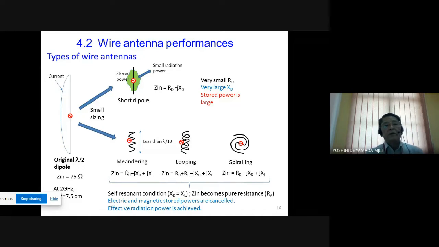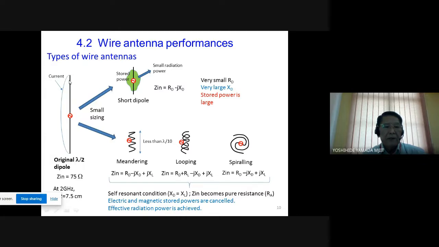First of all, the fundamental knowledge of wire antenna performance. Wire antennas are usually used as small size antennas. The fundamental antenna is the half wavelength dipole.